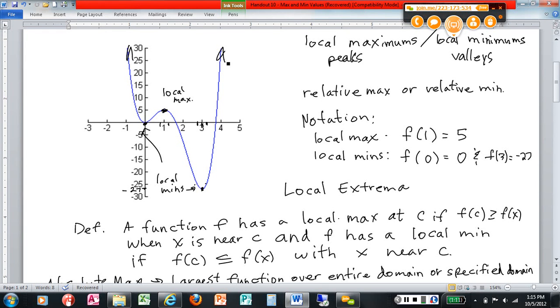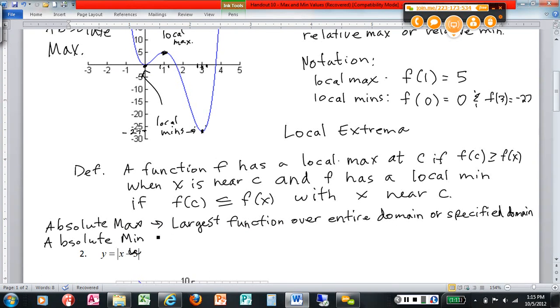So there is no absolute max on this graph. Even though we have a local max, there's no absolute max because there's no greatest function value. You with me? Absolute max means it's for the entire domain. No, we won't put infinity. That's right.